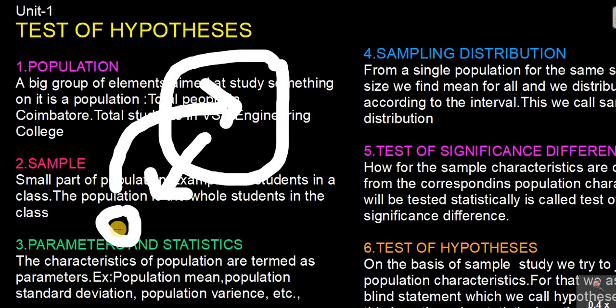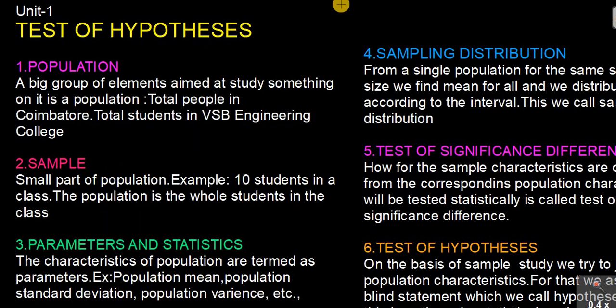The small part is called statistics, and the big part is called population. That's what you have to understand before entering into this topic. So population means a big group of elements aimed to study something on it.